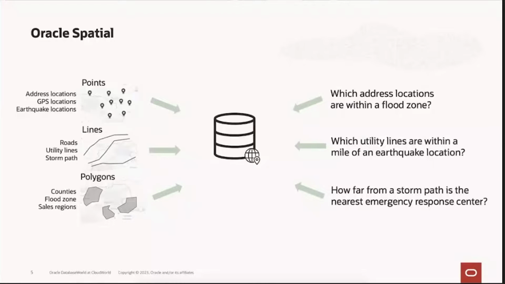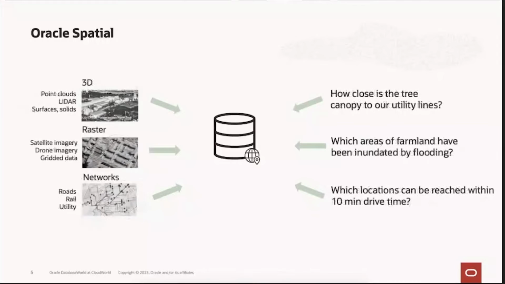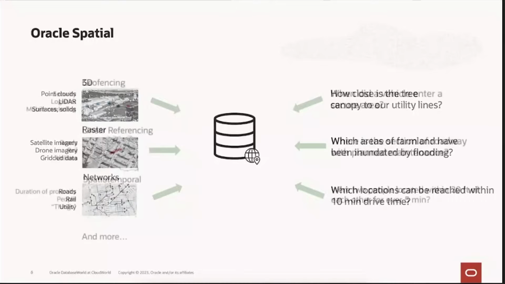And these are the most basic forms of geospatial data, but it goes beyond that to working with other forms of geospatial data like 3D data, imagery, connected networks, and the ability to traverse through them. And then again on the right, some of the kinds of questions that those capabilities allow you to answer.